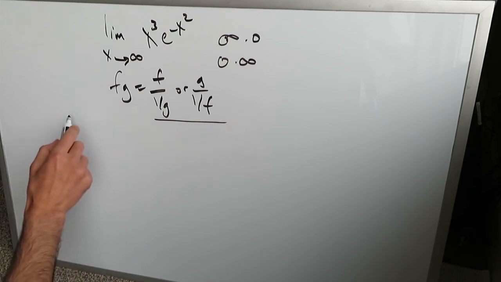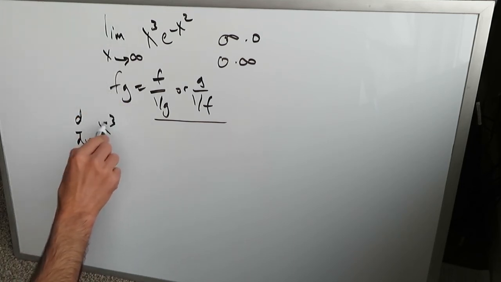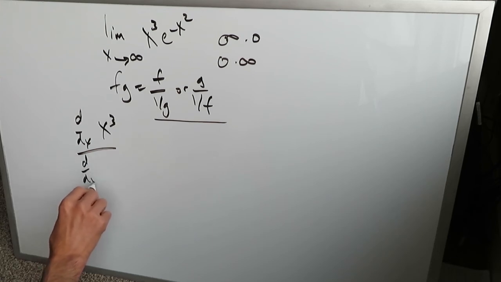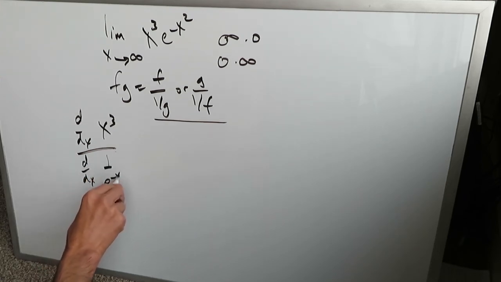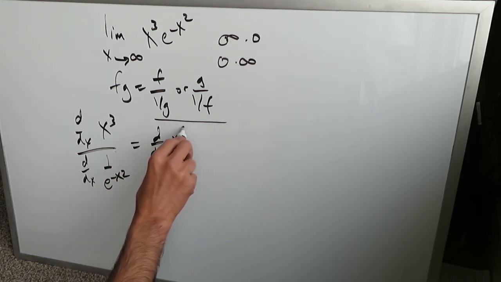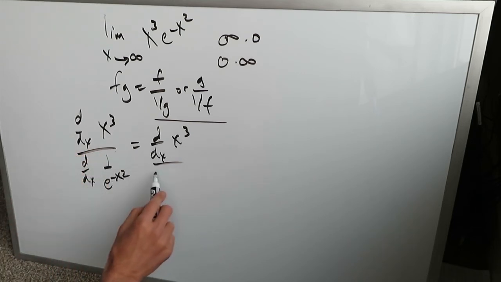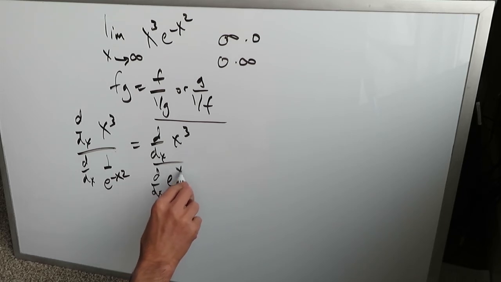I want to do the derivative such that I'm going to keep the x cubed in the numerator, and then I'll do the derivative of 1 over e to the minus x squared. You can rearrange things around to make things easy. Look over here, d over dx of x cubed, and this 1 over e to the minus x squared can flip around to get rid of that negative exponent. You'll have e to the x squared.